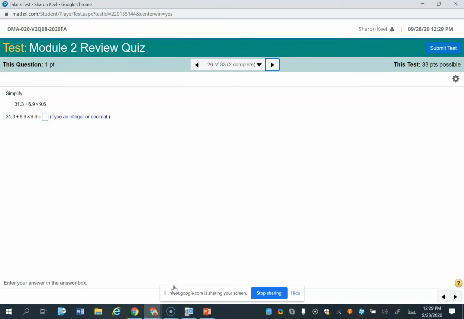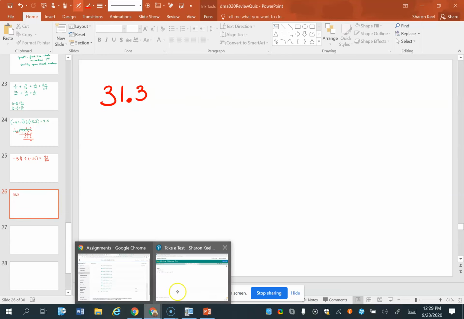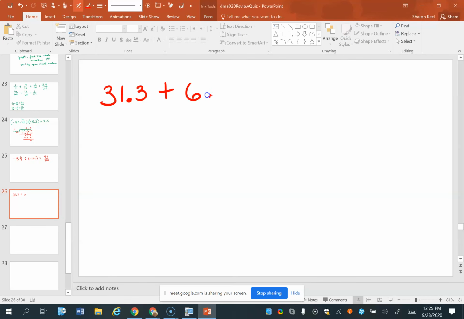Okay, simplify, order of operation. So we have 31.3 plus 6.9 times 9.6. If you're doing this long, the division, the multiplication that we have here first, and then we would add the 31.3.